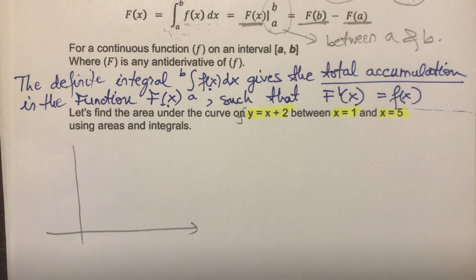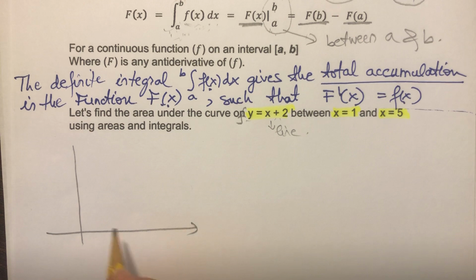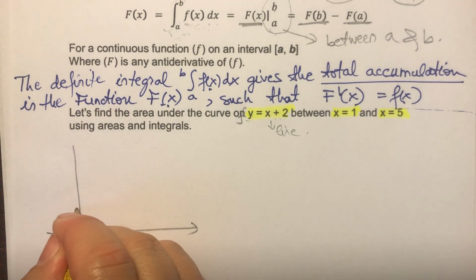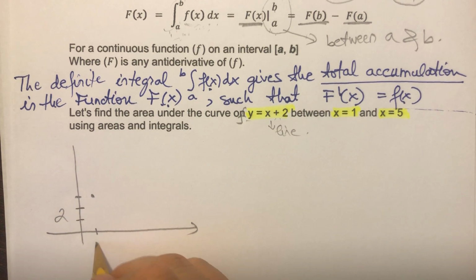So what I'm going to do is actually draw this curve. y equals x plus 2 is a line, right? It has a y-intercept of 2, and it has a slope of 1.